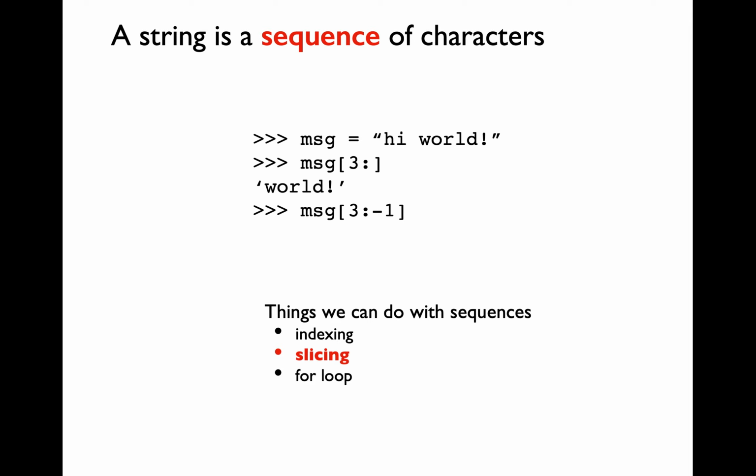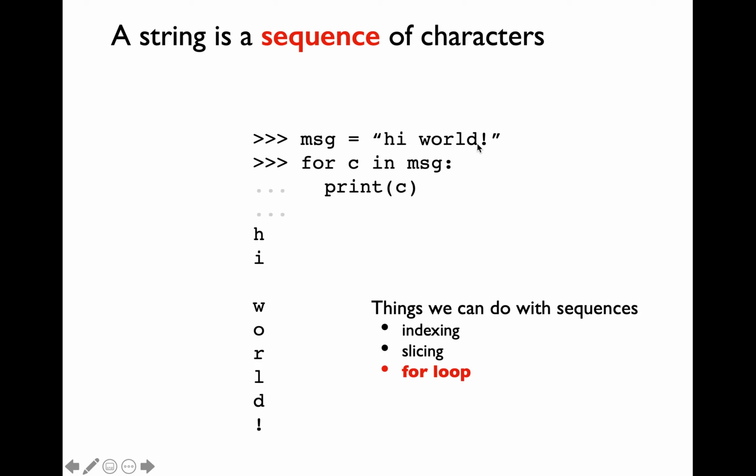How do we use negative values for indices? -1 is going to be the index for the last item in your sequence, which is going to be the exclamation point in this particular string sequence. Since end is exclusive, MSG of 3 colon minus 1 is simply going to retrieve "world" here.